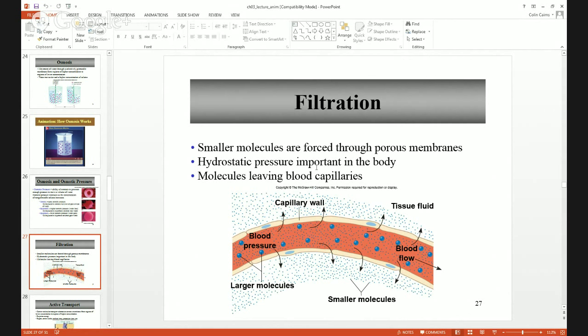Hydrostatic pressure is important in the body. The pressure on the capillary walls keeps them intact, and the molecules leaving the capillaries will be the small molecules. The larger molecules will stay behind.